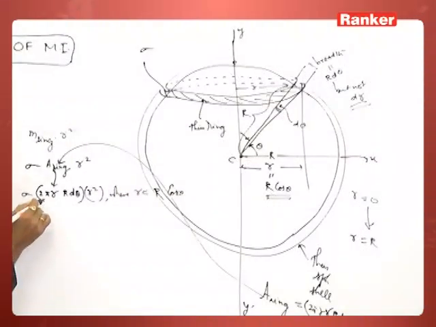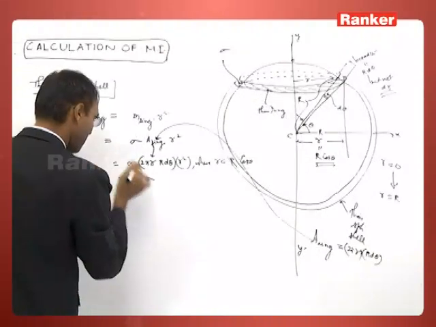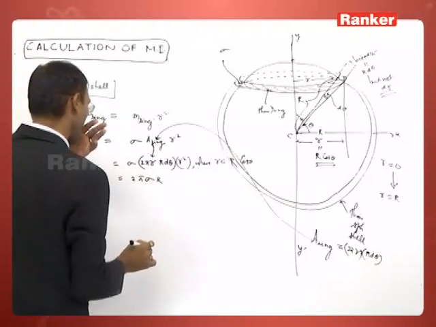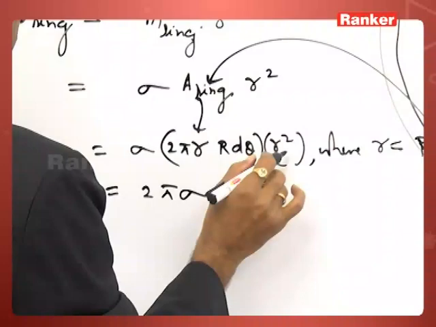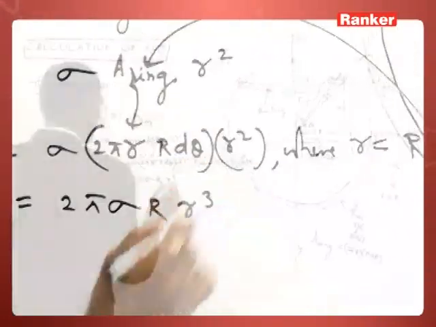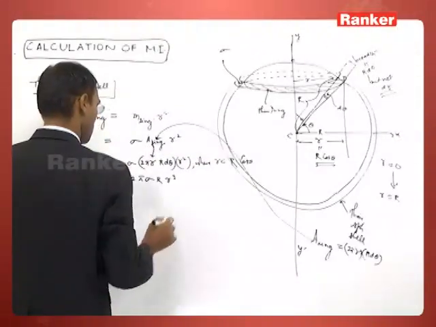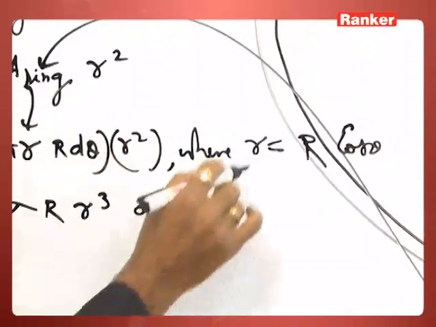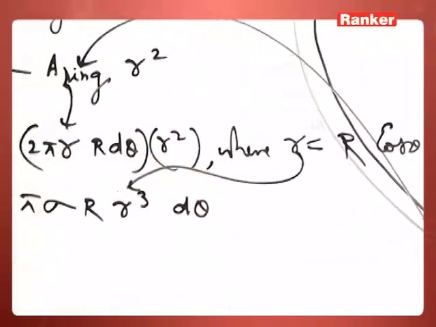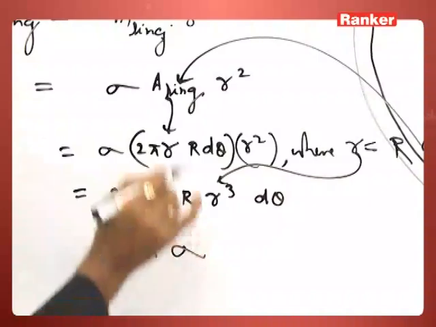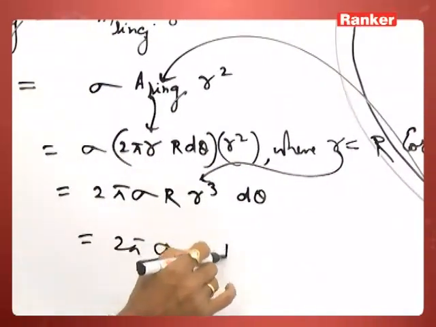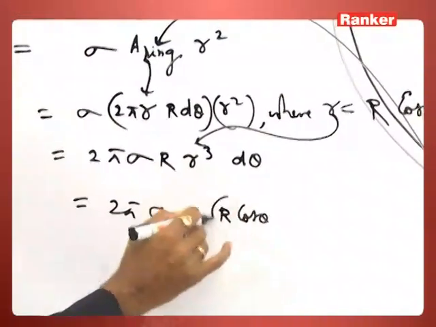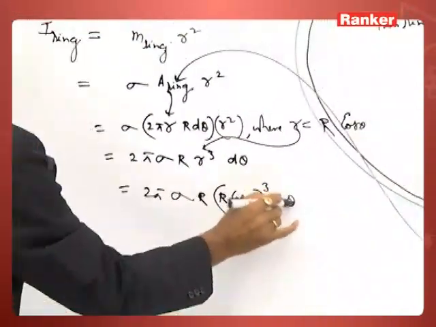Then this can be simplified as 2 pi sigma into r, this is small r square, into R, that is r cube, d theta. Substitute the value of small r: 2 pi sigma R, that is R cos theta cube d theta.